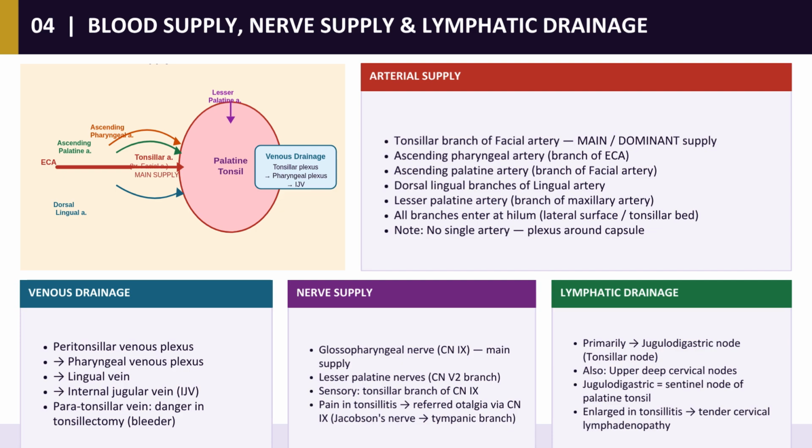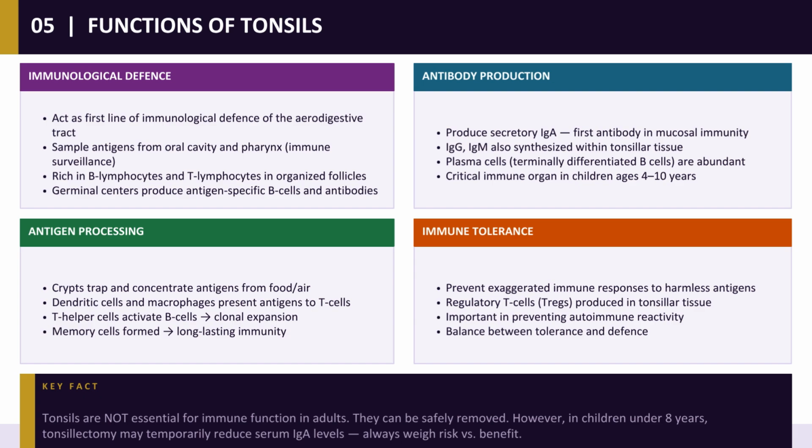Here you can see it's probably the main. Apart from the main, there are some others, but you can remember at least the main supply. Lymphatic drainage: primarily the jugulodigastric node, tonsillar node, also the upper deep cervical node. The jugulodigastric sentinel node of the palatine tonsil is enlarged in tonsillitis, causing tender cervical lymphadenopathy.